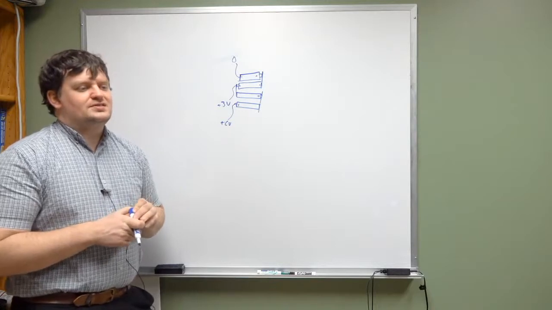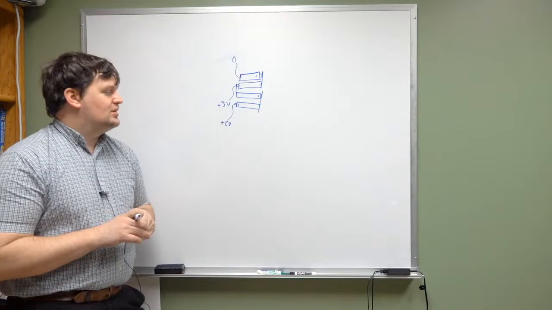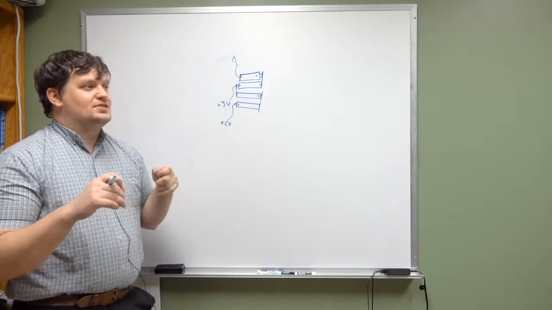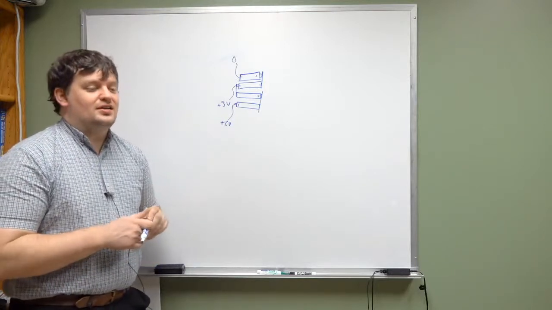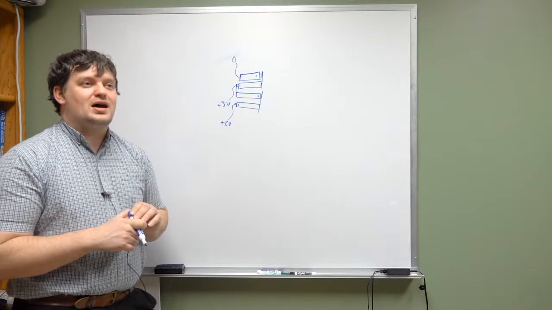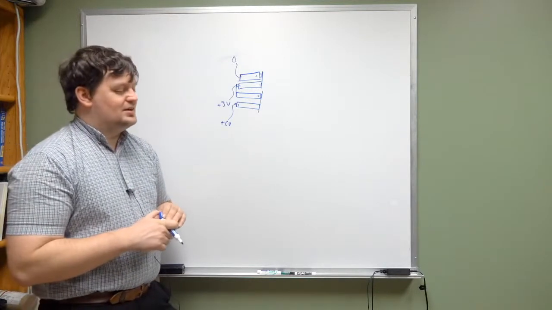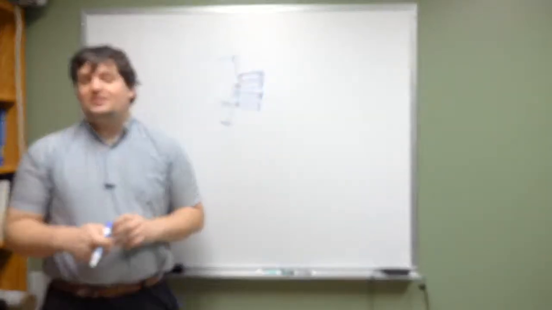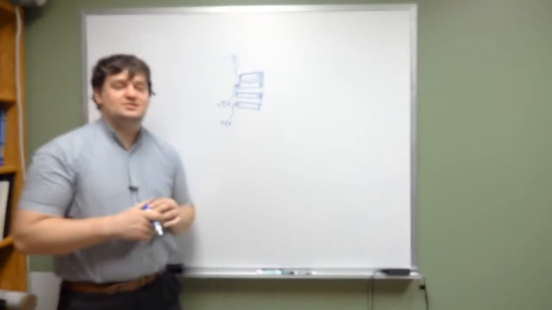Trying to plug 6 volts into a 5 volt component is generally not advisable. So what I want you to do is do a little bit of research on how do you power an LED. Okay, I'm not going to give you the solution. I've already given you part of it, but I'm not going to give you the rest of the solution.